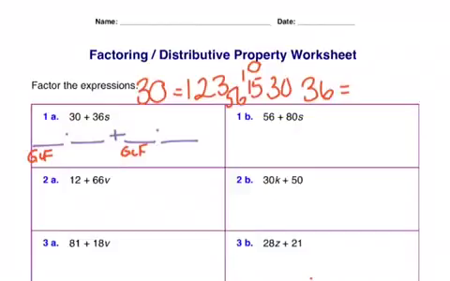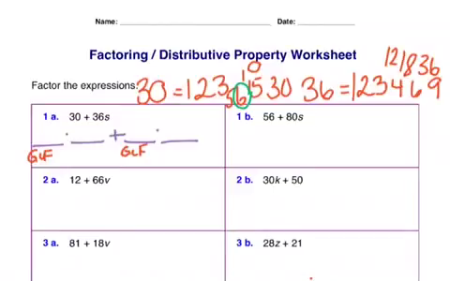Okay, for 36, you would have 1, 36, 2, 18, 3, 12, oh, I got 4, 9, then we could do 6 times 6, okay? All right, let's skim the list and see what they have in common. Looks like all I can find is a 6 in both.